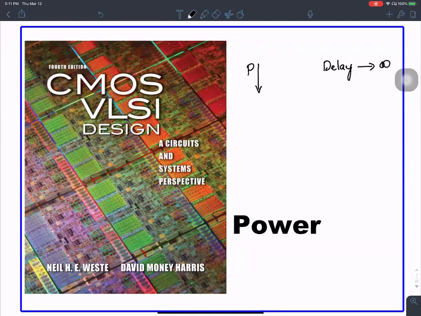So a more interesting performance metric is the power delay product, or the energy. This is a more reliable performance metric that you want to minimize so that the total energy consumption per cycle is minimized.